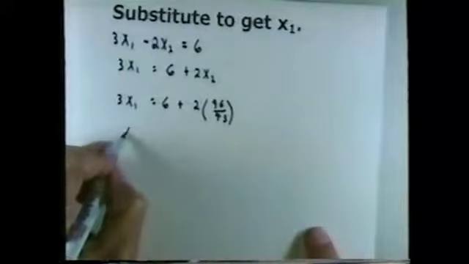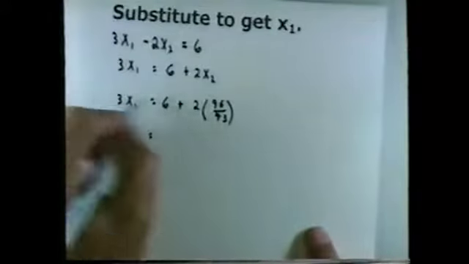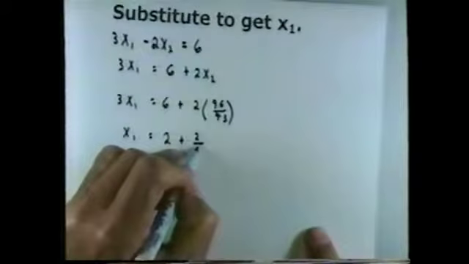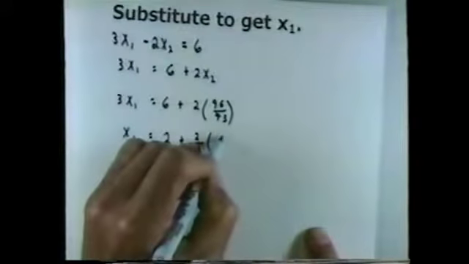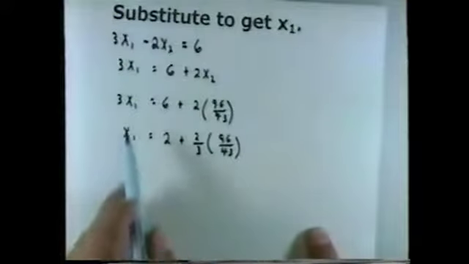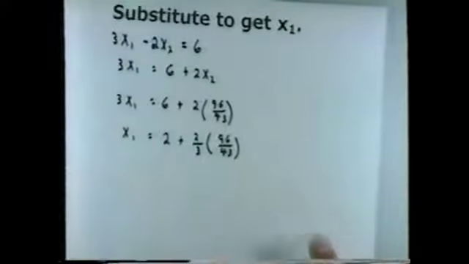Or I get that x1 is equal to 2 plus 2/3 of 96/43, when I divide everything by 3.